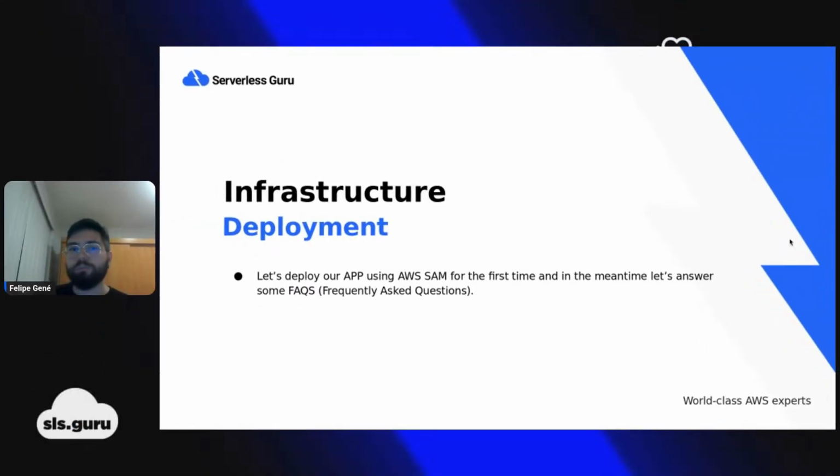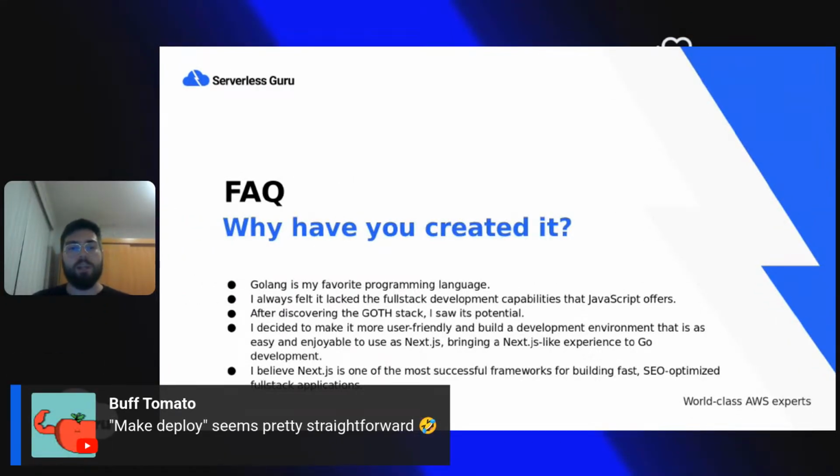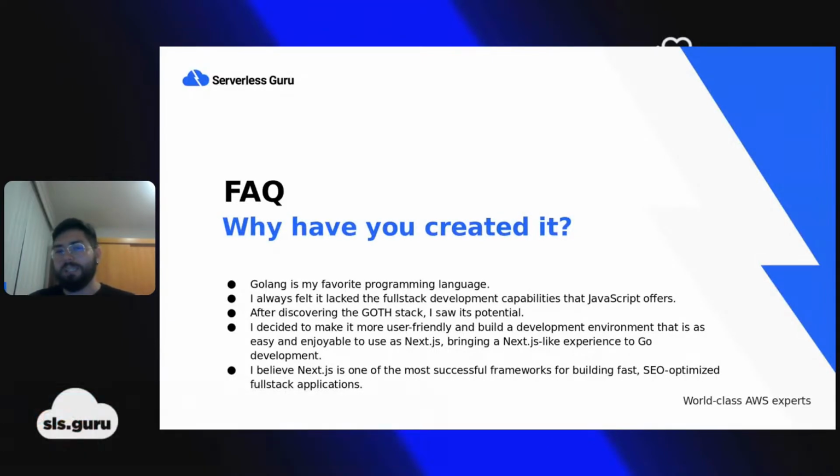The first question that I get a lot is, why have you created it? Why does this framework exist? Why did you think about creating it, and why did you decide to work on that project?